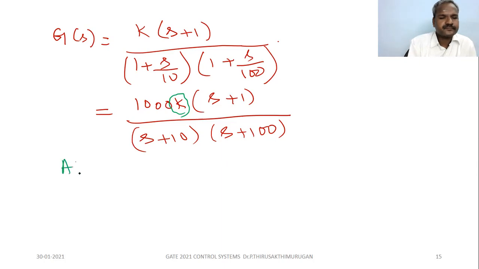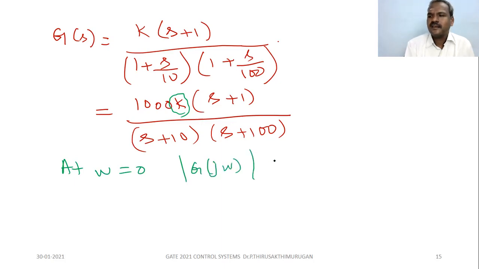At omega equal to 0, the modulus of G of j omega equals minus 20 dB.